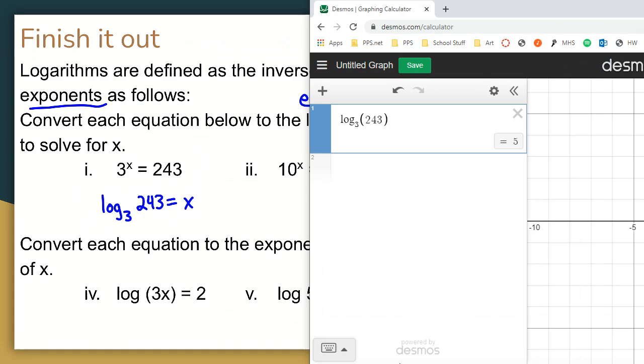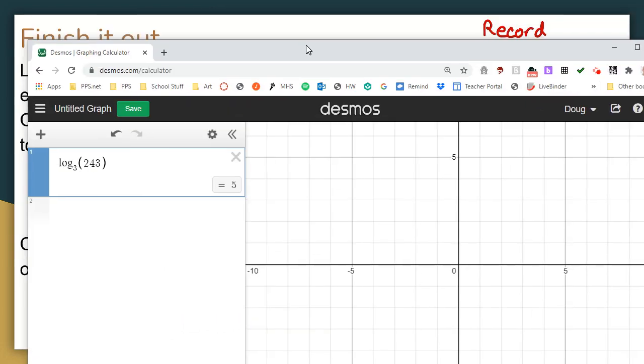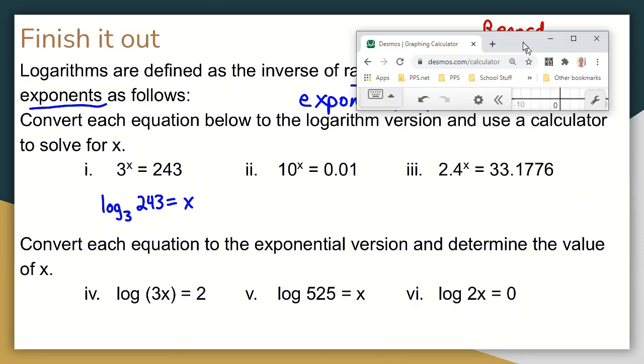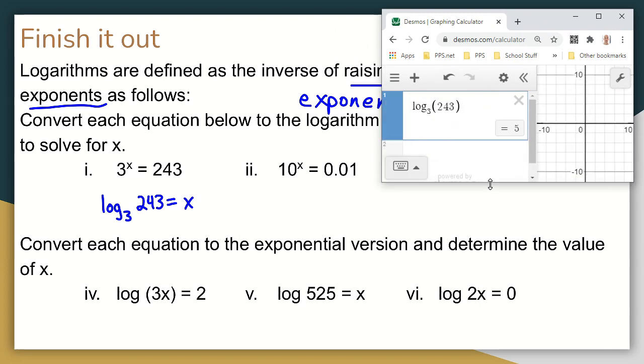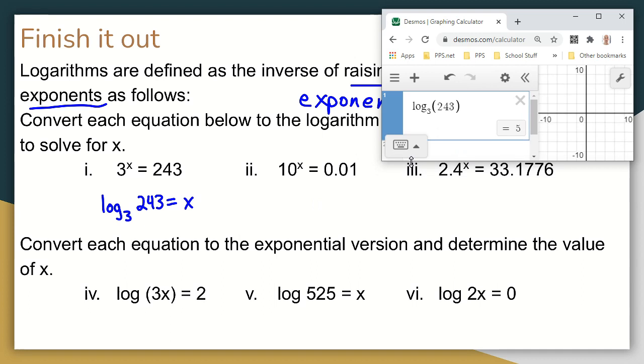I'm going to get this up and out of the way, so that we can see the screen and the calculator at the same time. Sorry, this is taking me a minute to do. There we go. All right, so we have log base 3 of 243 is equal to x.